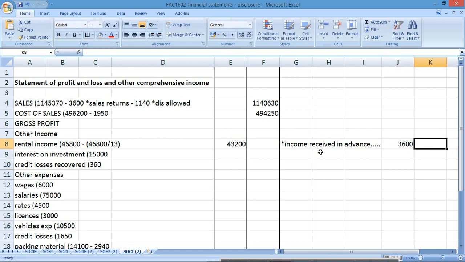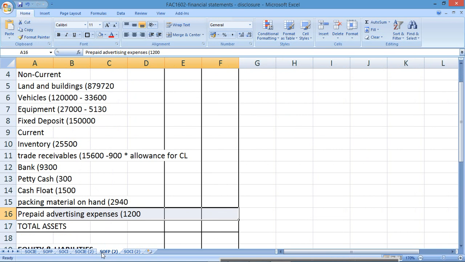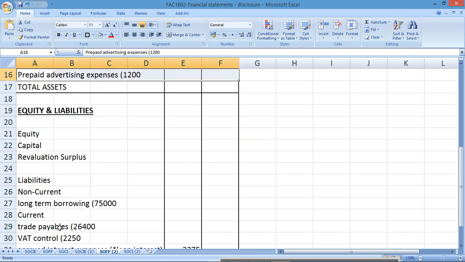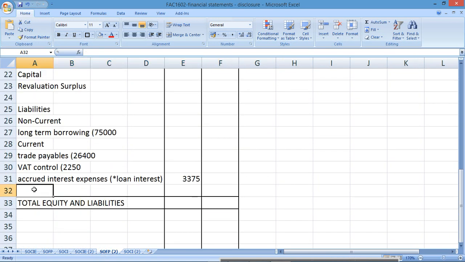What am I going to do with this? I'm going to disclose it as a liability. That is going to be a current liability. So where are our liabilities? There it is. Let's put it in.